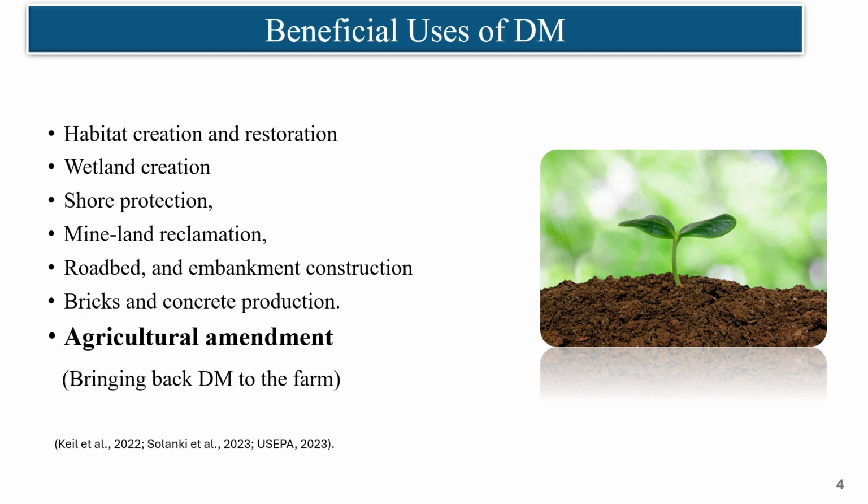One of them is the use of dredged material as an agricultural amendment, and my research is also focused on this. So the idea is bringing back the dredged material to the farm. But again, the question is: is it worthy or useful to bring back the dredged material to the farm?